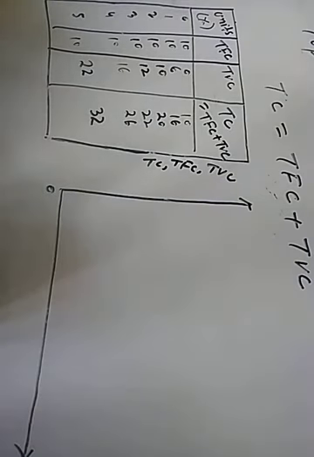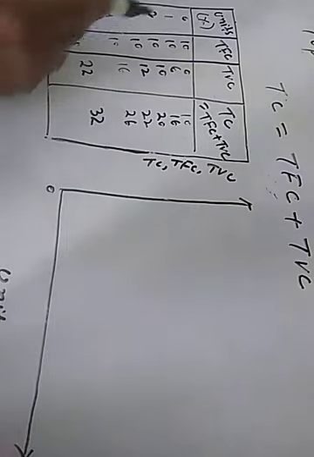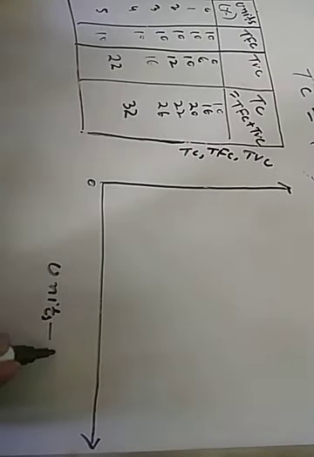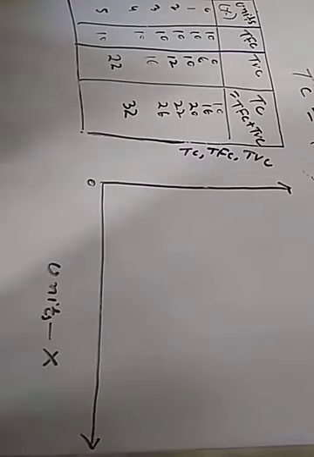For the horizontal axis, like we take units of output produced, the quantity of commodity X produced. Here the commodity is commodity X. We will take units of X commodity on the X-axis, the horizontal axis. Now our values of total fixed cost, total variable cost, and total cost are given.